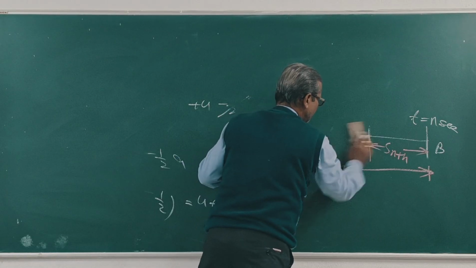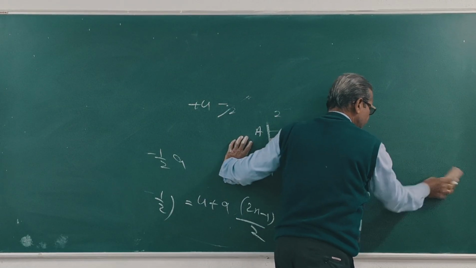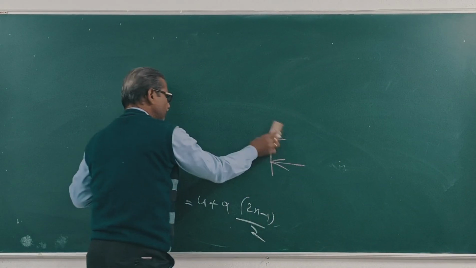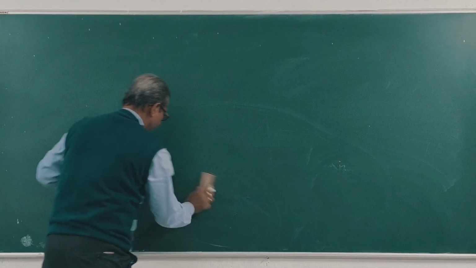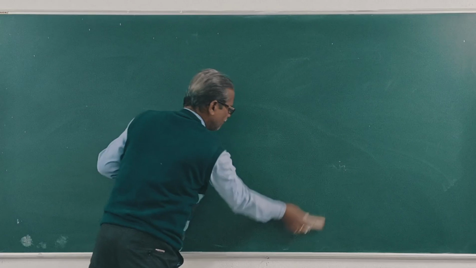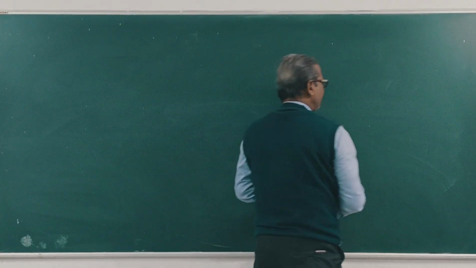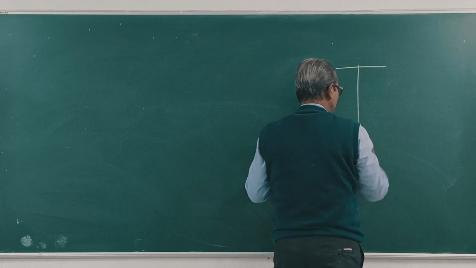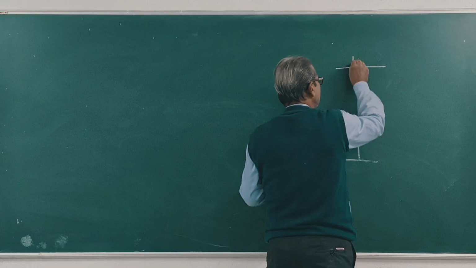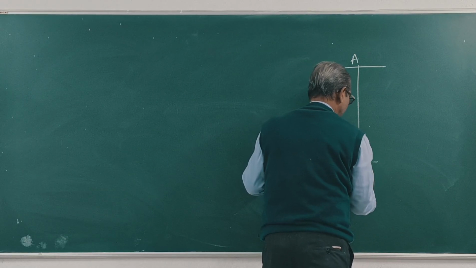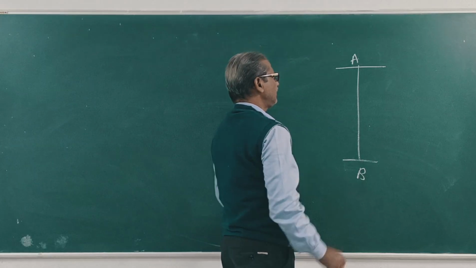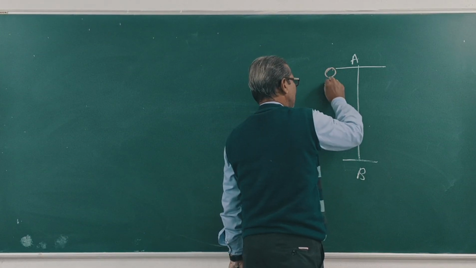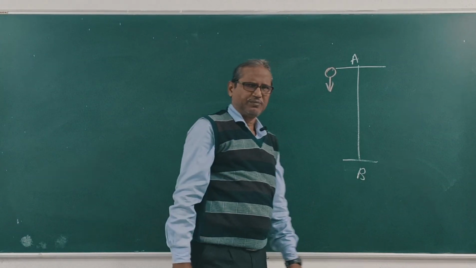Suppose when the body falls from some height, this is point A, this is point B, the body falls downwards under the force of gravity.